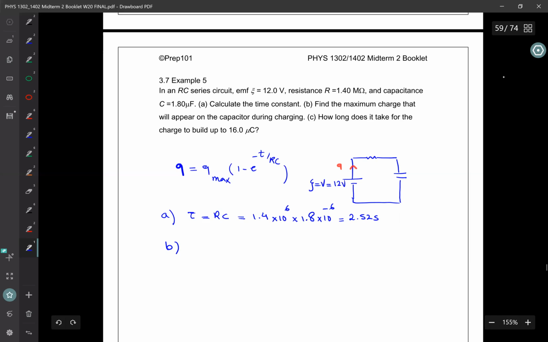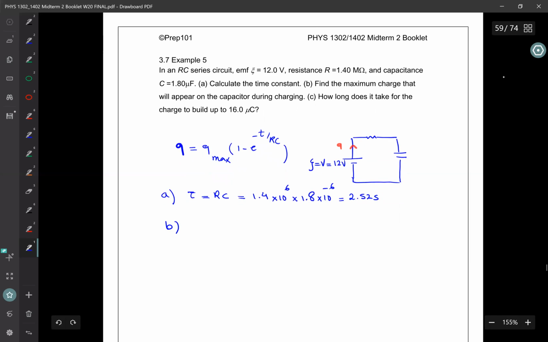Part B, you're asking for the maximum charge. After a long time, when the capacitor is full, what would be the maximum charge sitting on the plates of the capacitor? Q max equals the capacitance times V, which is the potential across the capacitor.